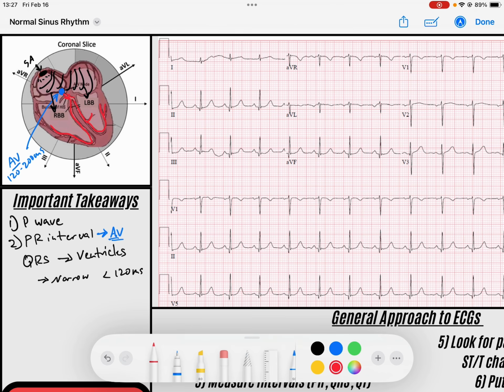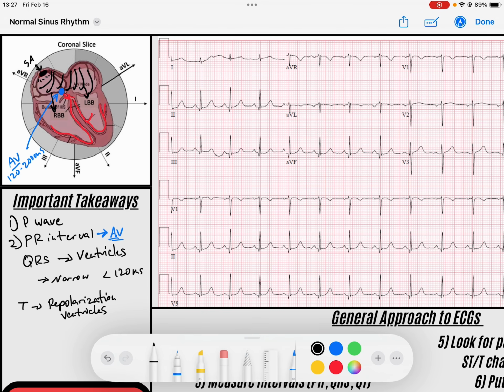And so we know also that a wave of depolarization will also follow a wave of repolarization. And so after our QRS, we will have these T waves that represent repolarization of the ventricles.